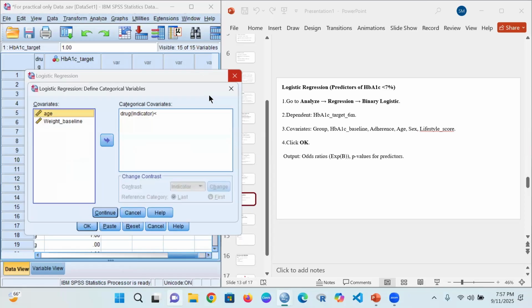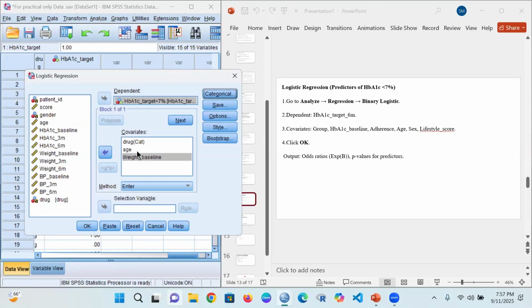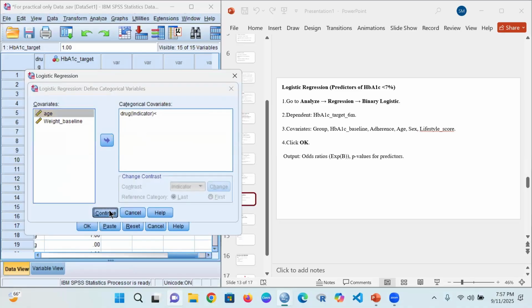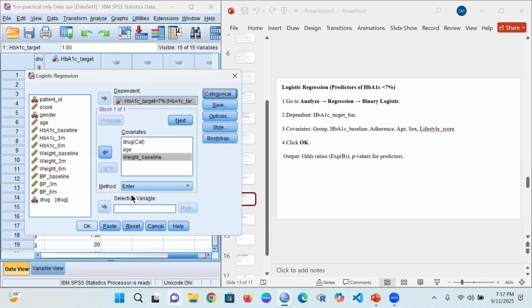So you come here to categorical, so the categorical variable we have here is only the drug, that is the placebo and the drug. Or you can just carry it on the way it is. So continue. So we just enter.